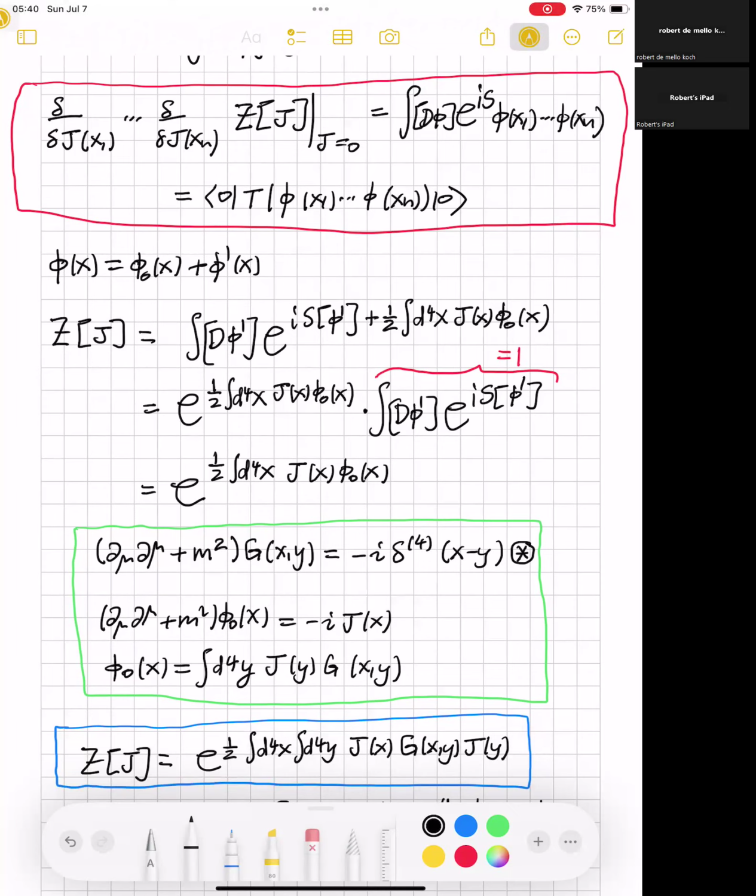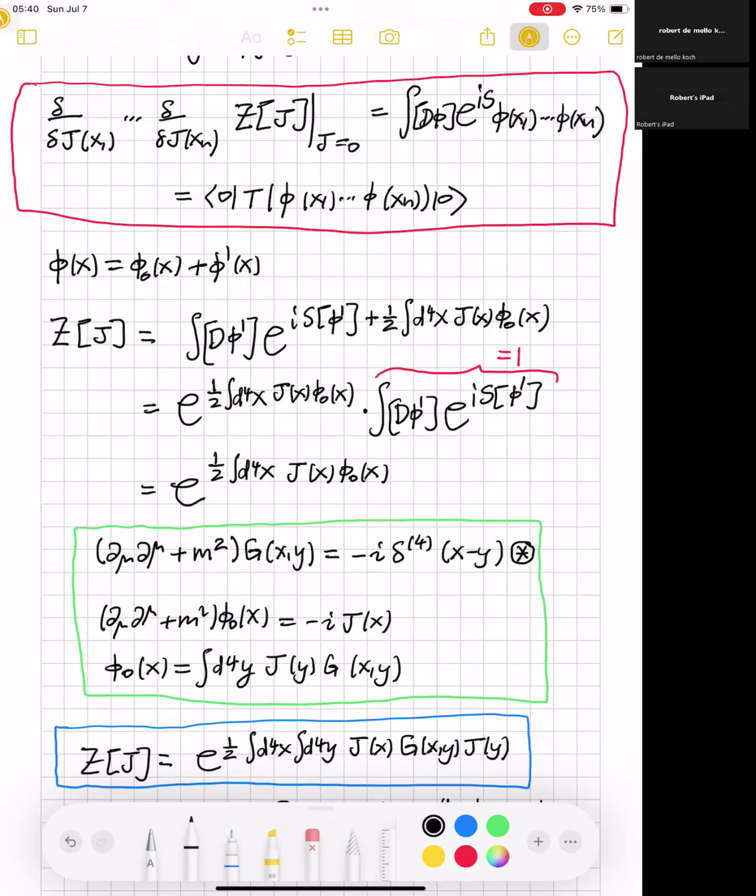In this shift, phi naught of x is a constant, meaning it's a function that does not depend on phi of x. So it's a constant as far as the integration variable goes. We're integrating over all fields phi of x, and whatever fields you're integrating over, phi naught of x stays the same. And it's in that sense that phi naught of x is a constant.